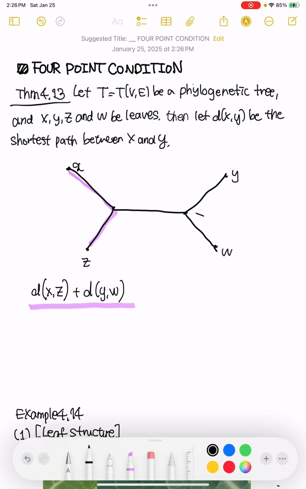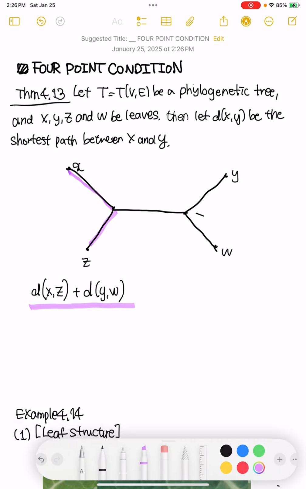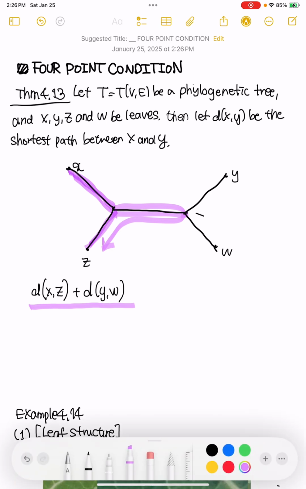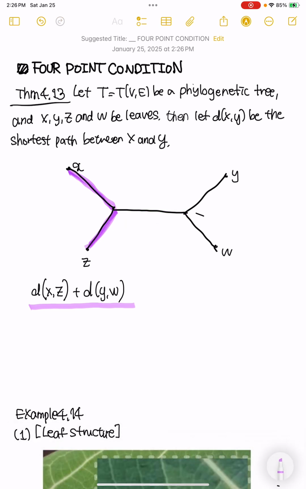So if we compute the distance dxg, that would be here, but this is not the shortest path, it just connects this part.